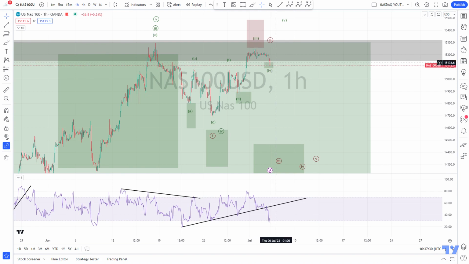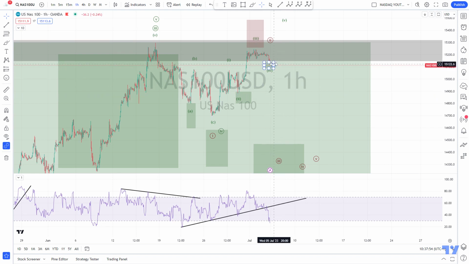I would only take this long here if you were in the trade from here, if you could already take partial profits here, and then this becomes your invalidation level, because if we cross this wave 2 low, this cannot be a 4 anymore. Then we are in a different situation.